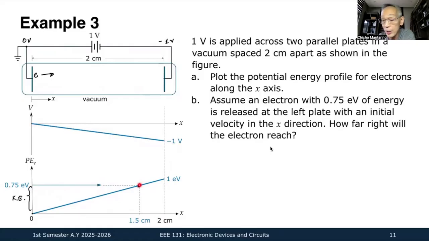If this were a real situation, the electron, as soon as it reaches here, will now start being attracted to this particular plate.